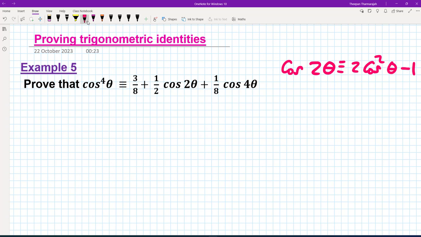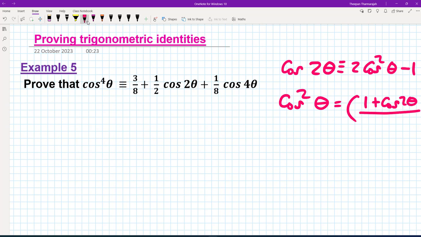So what I'm going to do is rearrange this so we've got cos squared theta as the subject. And we've done this in the half angle formula, so in previous videos. So this is going to be 1 plus cos 2 theta all divided by 2, like so.